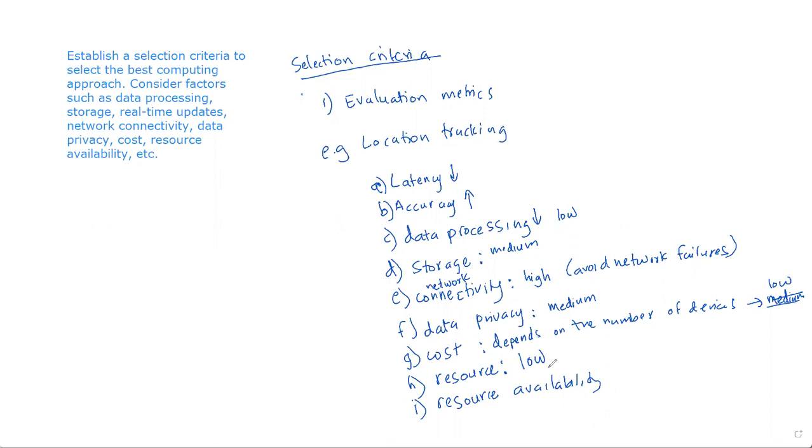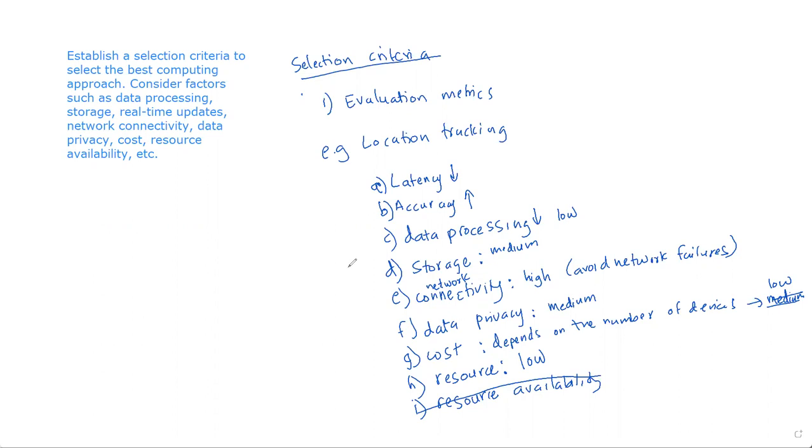So therefore, you might not need a lot of resources to do that. So you can say the amount of resource required is low. Based on these criteria, you can conclude the selection criteria to select the best computing approach. Okay, so do you have any questions regarding this question?